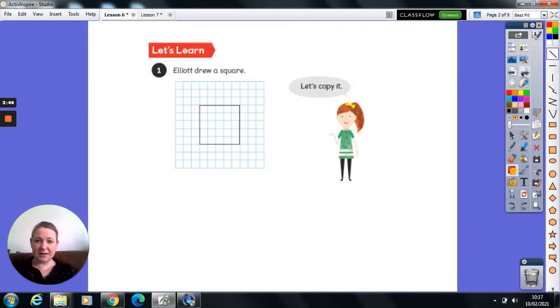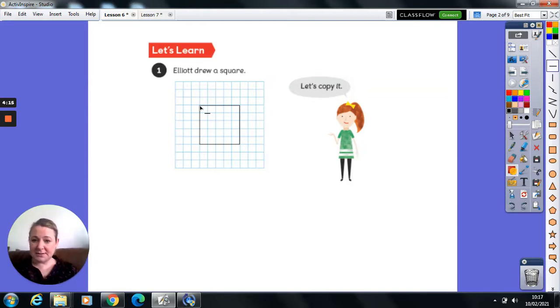So start nice and simple. Elliot has drawn a square and she wants to copy it. Now before we copy it, think really carefully, what might I need to do to create a square that looks exactly the same as Elliot's? So firstly, I need to count the squares to see how big she has made her square.